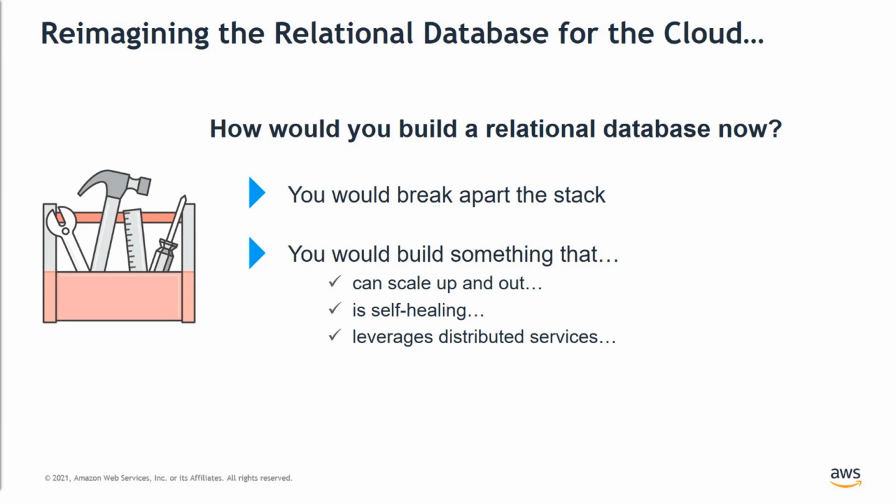You'd break apart that whole stack that we just saw, and you'd build something that can scale up and scale out. But most importantly, with respect to availability, is self-healing, that there's a lot of automation built in the cloud and in the database to be able to identify problems and fix them without any sort of application or system outage.